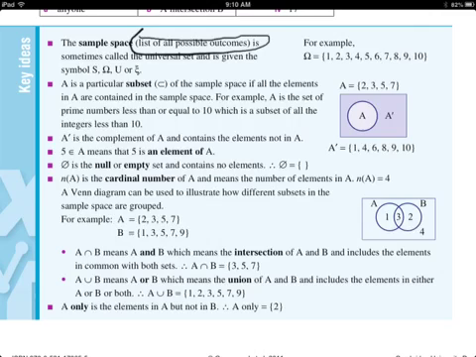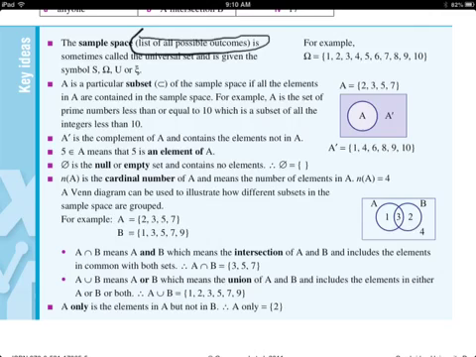Now, when we talk about the next section, we're talking about subsets, and they use this symbol here to illustrate a subset. And they say A is a particular subset of the sample space if all elements in A are contained in the sample space.